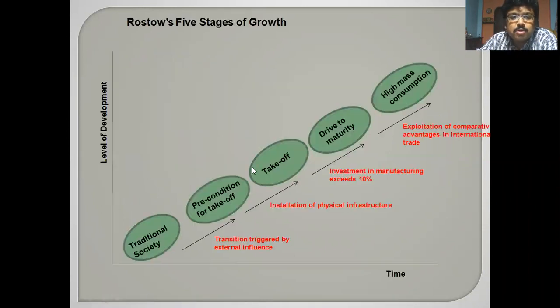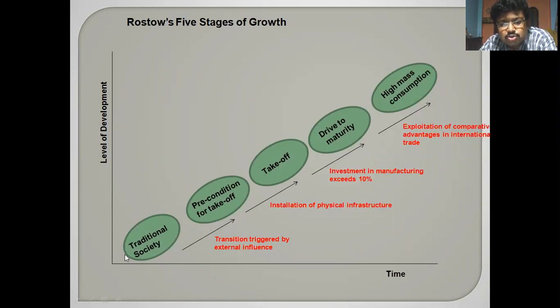Now, look at this figure. In this figure, I try to clarify Rostow's five stages of development. Here, along the horizontal axis, we measure time, and along the vertical axis we measure the level of development. So there are five stages you are seeing here.